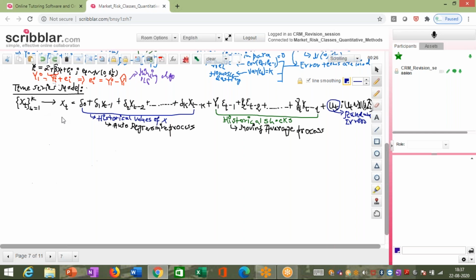One of the most important properties which we need to look out for in a time series model is the property of stationarity.